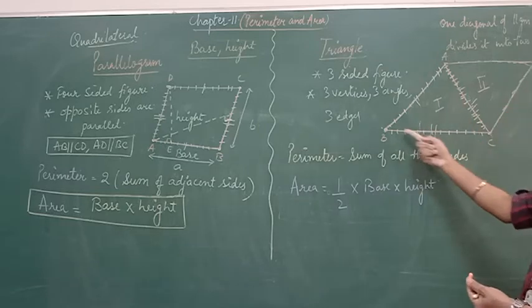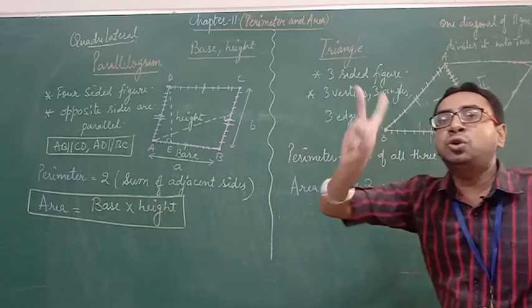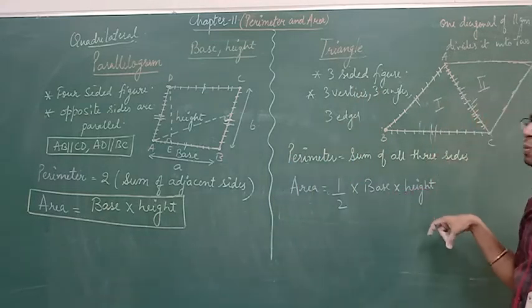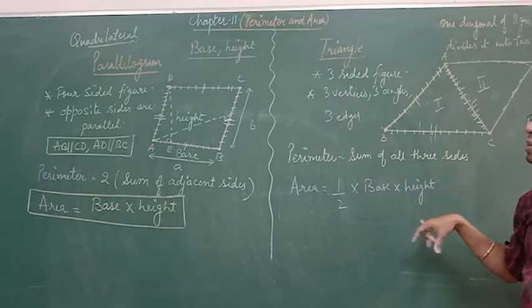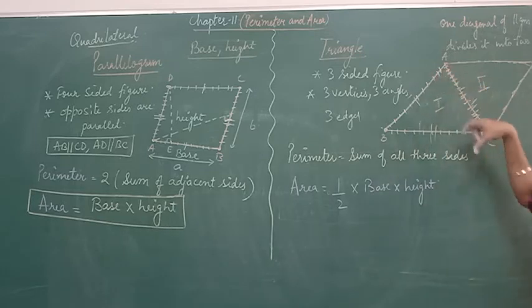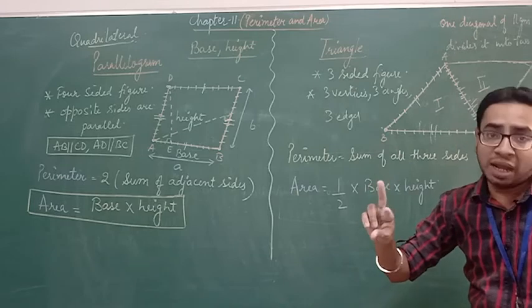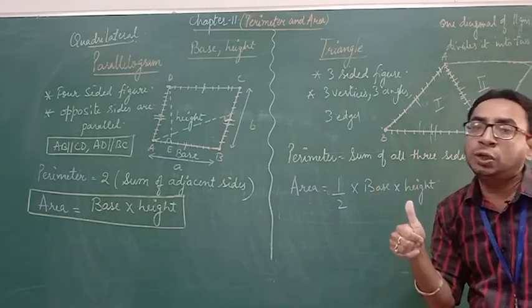if the area of this complete parallelogram is base into height, it is divided into two triangles. So area of one triangle will be what? Half into base into height. That is why the area of a triangle is half into base into height. Because a parallelogram's diagonal divides it into two equal-area triangles, the area of one triangle will be half into base into height.